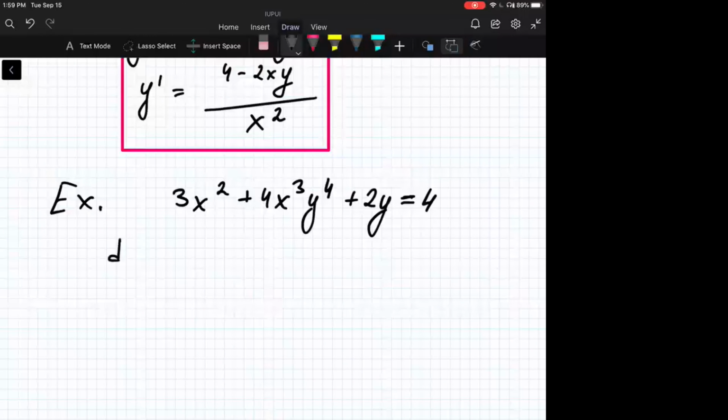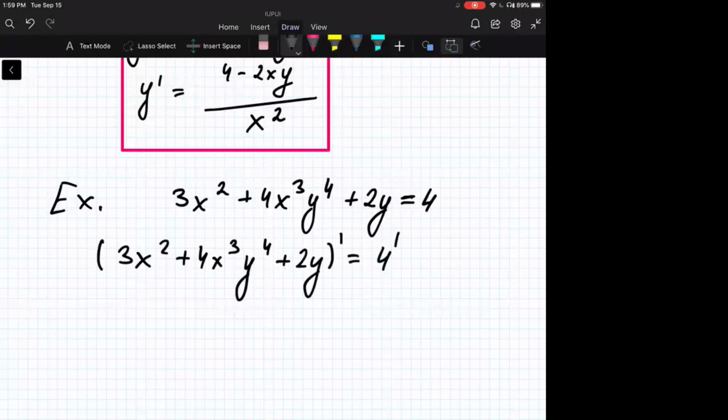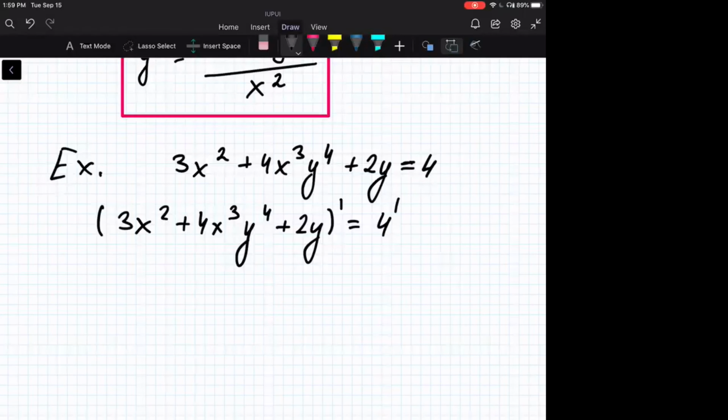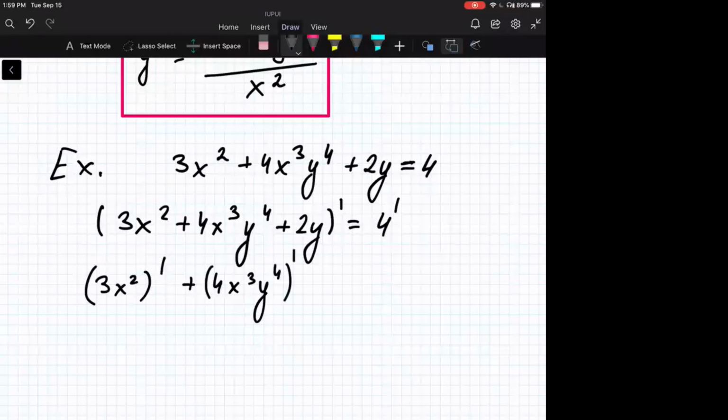And so again, for short notation, I will use primes instead of d over dx. Again, the derivative of the sum is the sum of the derivatives. So it's 3x squared prime plus 4x cubed y to the power 4 prime plus 2y prime is equal to 0.